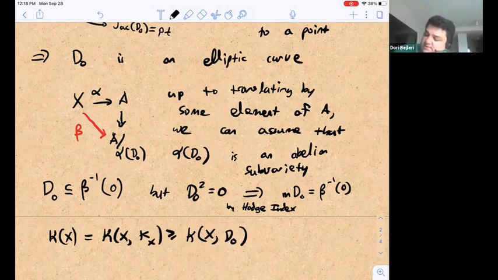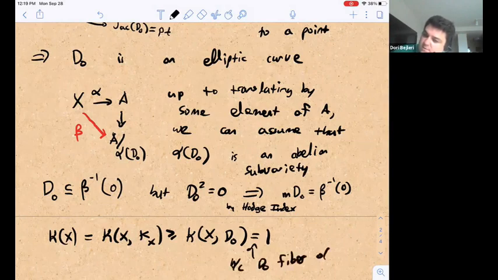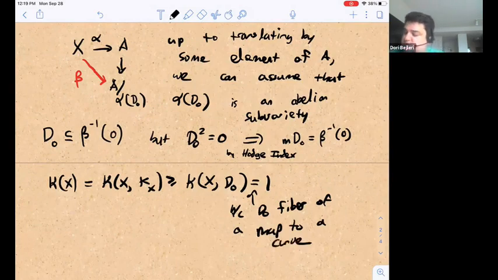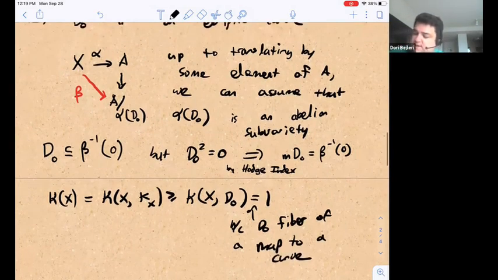But then D0 is this fiber of a map to a curve, so this has to have Iitaka dimension 1, because D0 is the fiber of a map to a curve. So this contradicts our original assumption that the Kodaira dimension of X was 0, that we were in this last Kodaira dimension 0 case.